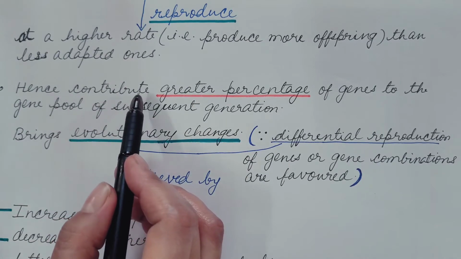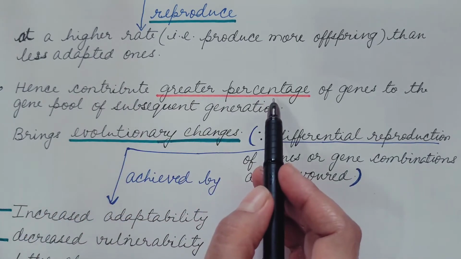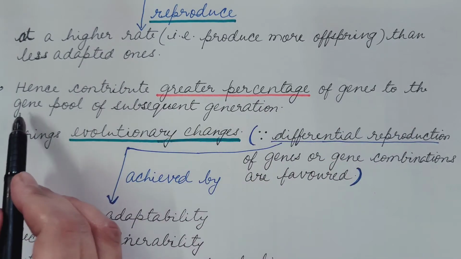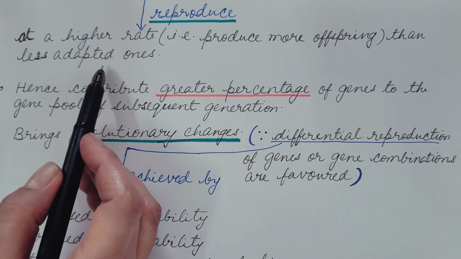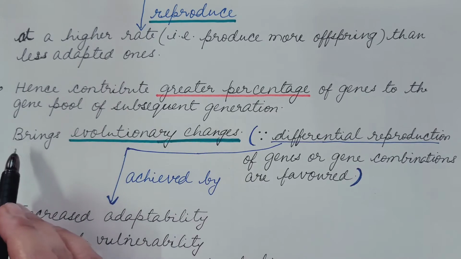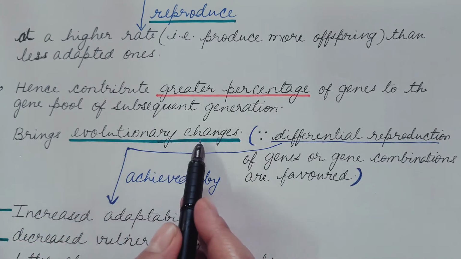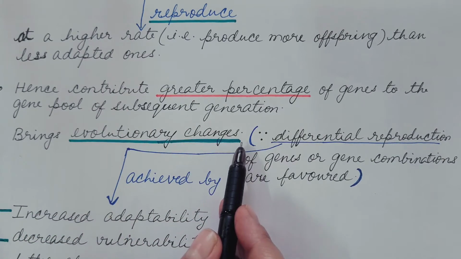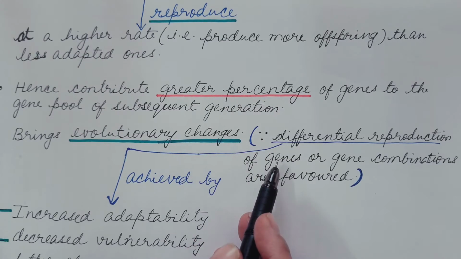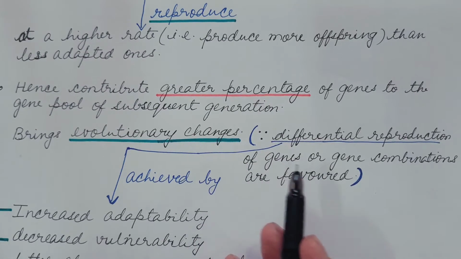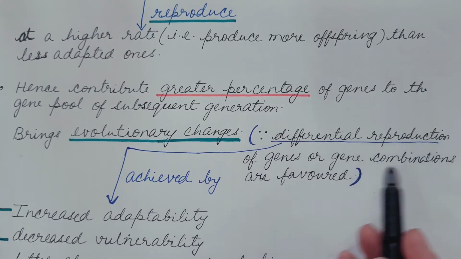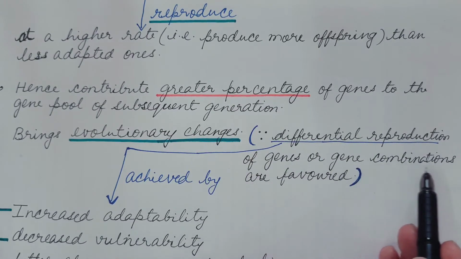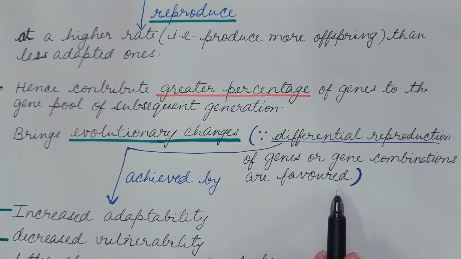Hence, better adapted individuals contribute a greater percentage of genes to the gene pool of the subsequent generation compared to the less adapted ones. And this brings evolutionary changes because there is a change in the gene frequency by differential reproduction, as differential reproduction of favored genes or gene combinations occurs.